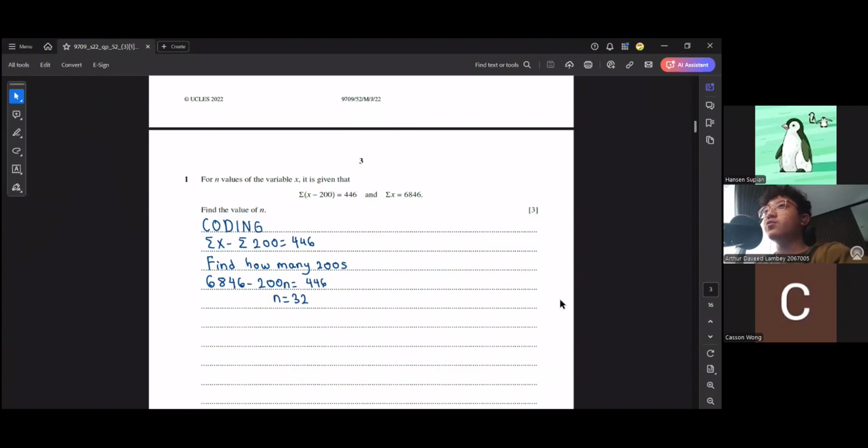So this question is about coding. Sigma (x minus 200) equals 446.